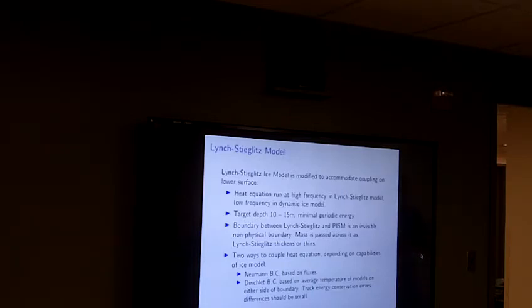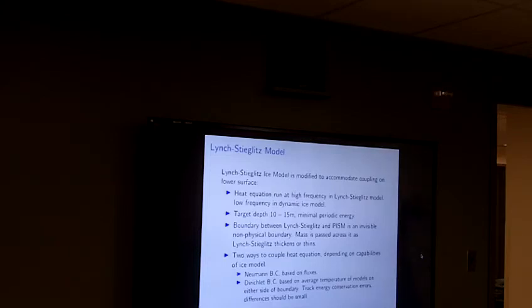And so what we want to do here is we want to cut this. We're going to run the Lynch-Stieglitz model in the top part of this, and we're going to run PISM down below. Now PISM runs at low frequency, like 1 month or 1 year or something. So if you force something that runs at low frequency with high frequency, you're cutting out all the high frequencies, right?